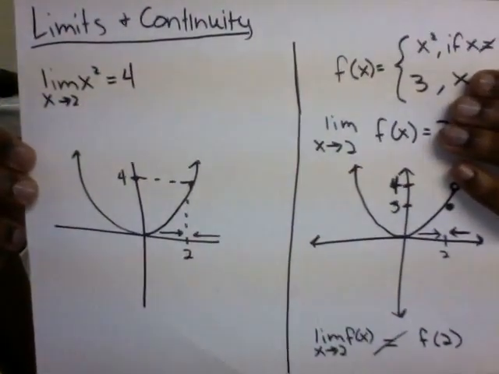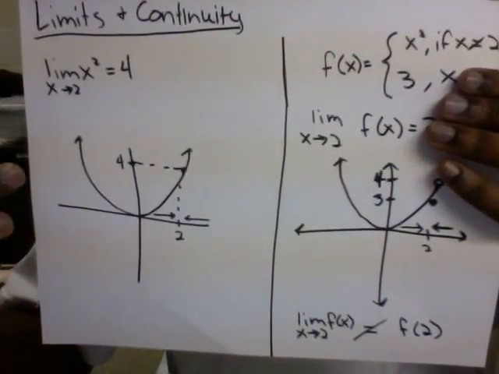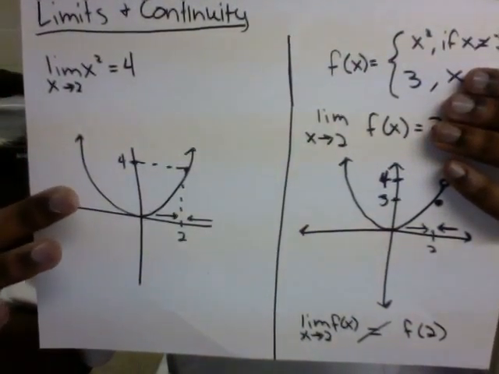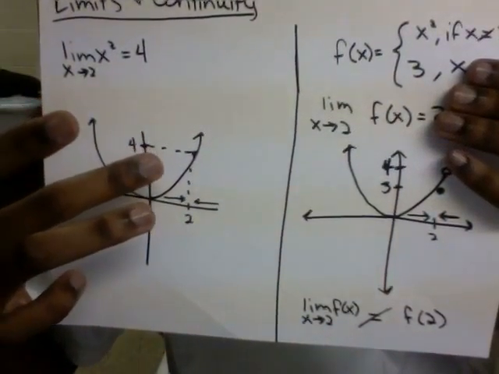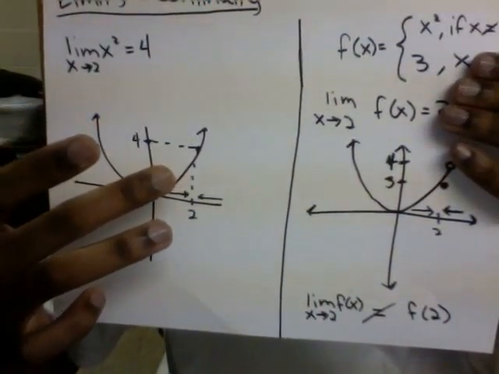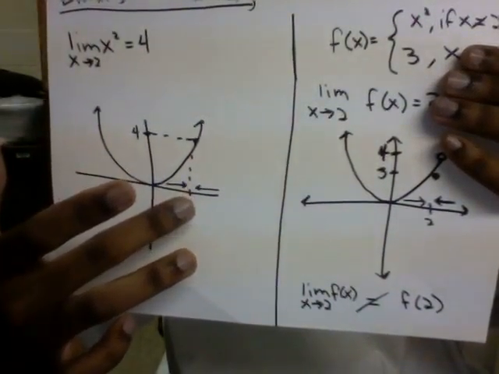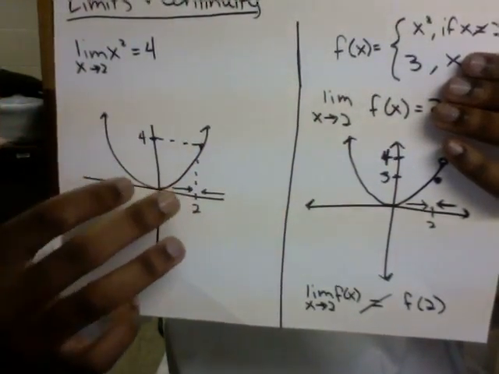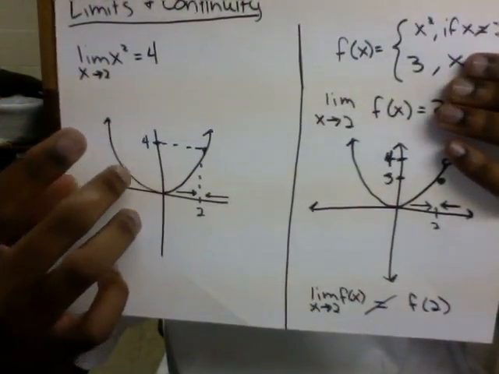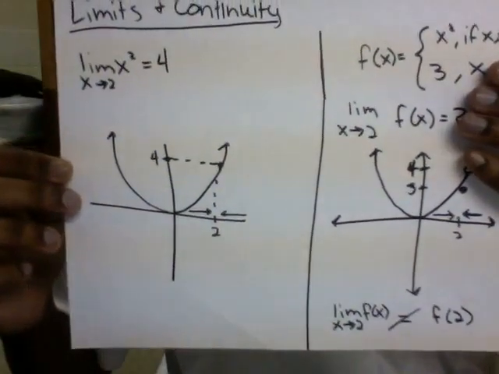We can see that graphically. The graph of x squared is the parabola, and as x approaches 2 on the x-axis, the graph lines up with the point 4, from both sides. You can see the arrows pointing from both sides.